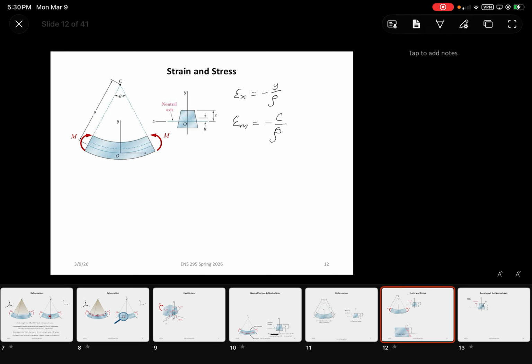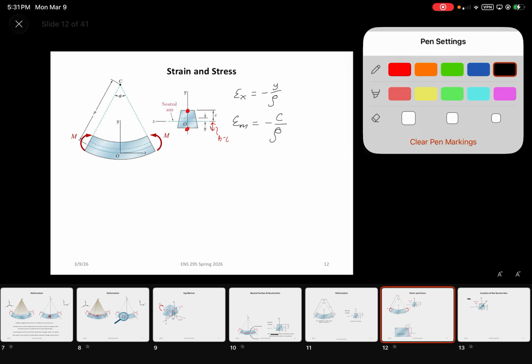Right, so in this case, if we wanted to find the maximum strains, we would consider C and h minus c. Let me rewrite this a bit.